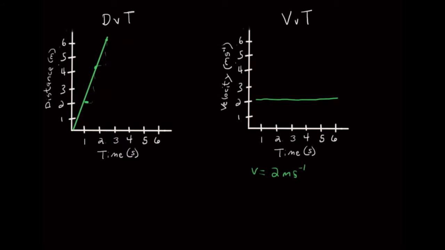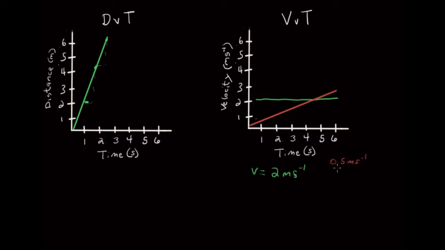Okay, what if I have a velocity that is, let's say, kind of sloped like this. I'm trying to draw this so that it was half a meter per second.